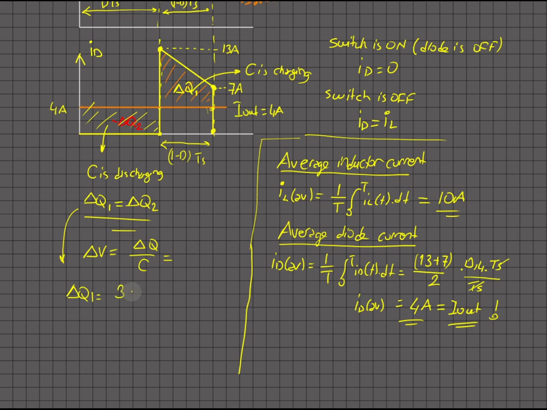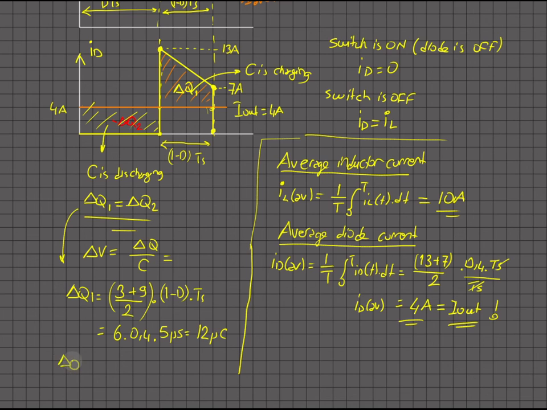So it is 3 here, and it is 9 amps here, 9 divided by 2, times 1 minus D times TS. So again it is 6 times 0.4 times 5 microsecond, and it is 12 microcoulomb. That area is 12 microcoulomb.